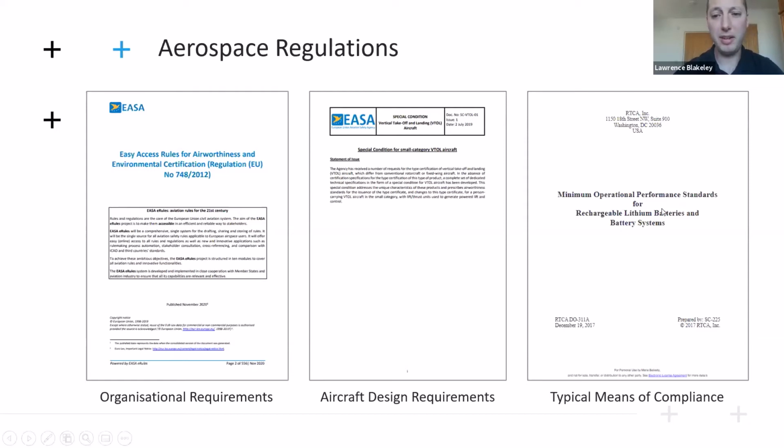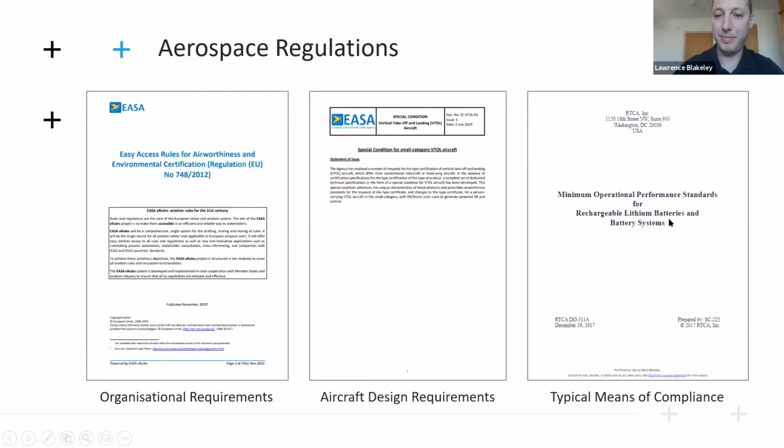And then on the right, I've just highlighted one of the main documents that is under review that we need to certify our batteries to. This is a document that defines the acceptable means of compliance. If we have a battery that passes that document, then it's very easy to demonstrate that we are compliant to the SC-VTOL requirements.